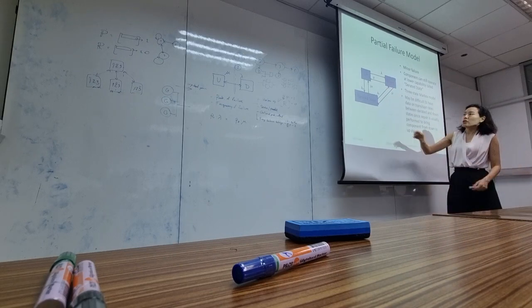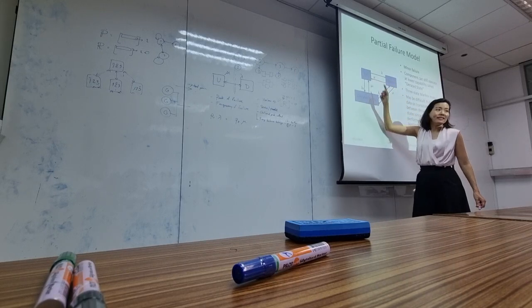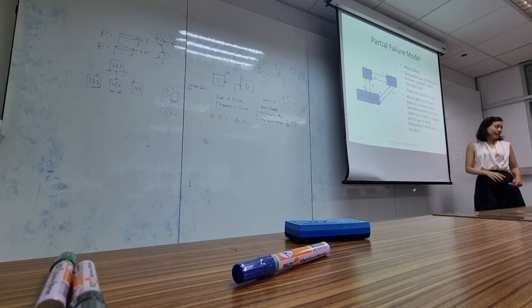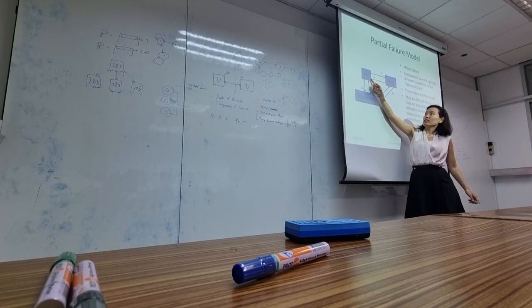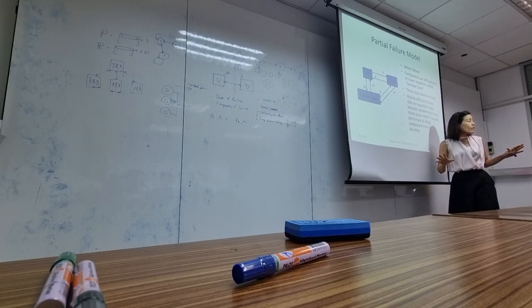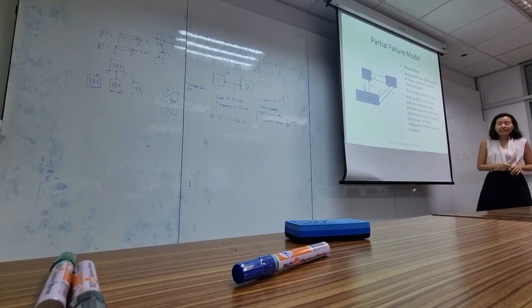So usually you will wait until it fails and then you fix it. Okay? That's what it means by that. But that doesn't mean that you cannot have this transition. Feel free to have all the transitions. It depends on how you collect your data.